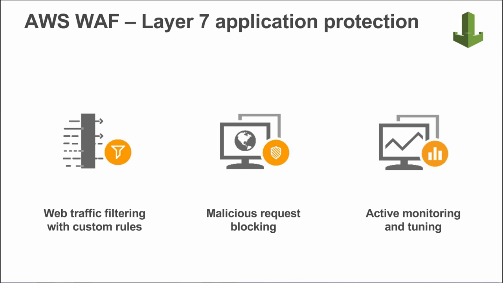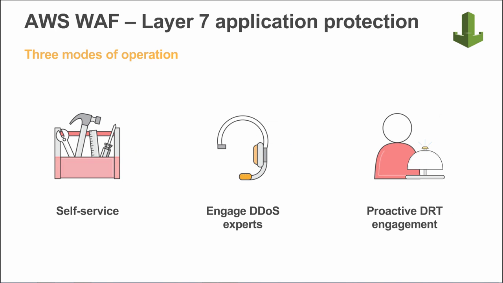As we talked about earlier, AWS WAF is a highly flexible traffic filtering engine that allows you to write customized rules to block any type of malicious requests, and also provides monitoring and visibility that lets you continuously tune the rules that you write on AWS WAF. With Shield, AWS WAF is tightly integrated, and we use the same platform to provide the layer 7 DDoS attack mitigation.